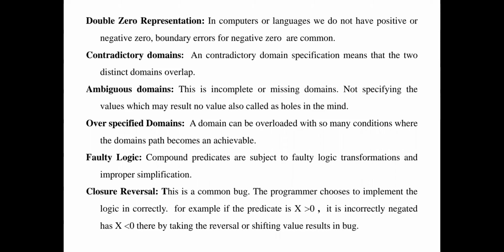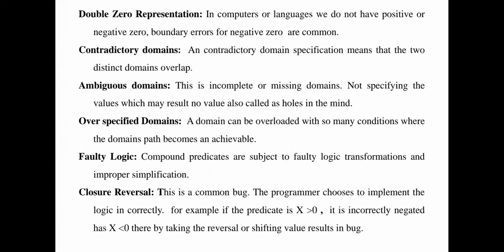So if you are missing some domain values, then ambiguous confusion will arise in the domain about which value the prediction has to be done on. The boundaries to be implemented become a problem when you are missing some values. Those missing values or no values are called holes.